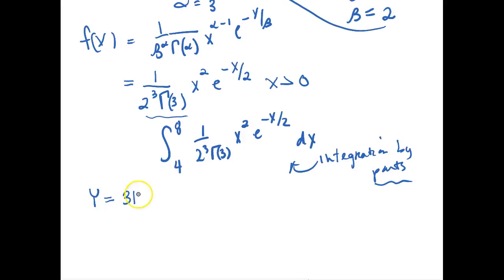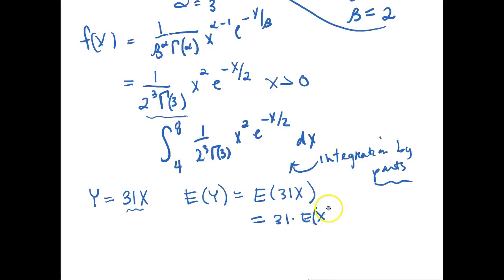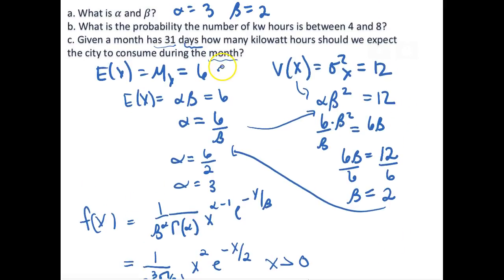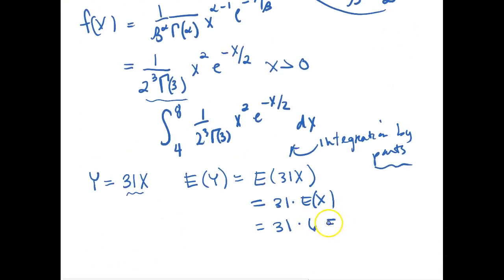So Y is equal to 31X, and because this is a linear combination, to find the expectation of Y, or the average number of kilowatt hours used in a month, we take the expectation of Y, which is equal to the expectation of 31X, which is equal to 31 times the expectation of X, according to the linear combination rules. This is simply equal to 31 times, if we look back up, the expectation of X, which was 6. So 31 times 6 is simply equal to 186 hours. That's how many hours we would expect in a month with 31 days.